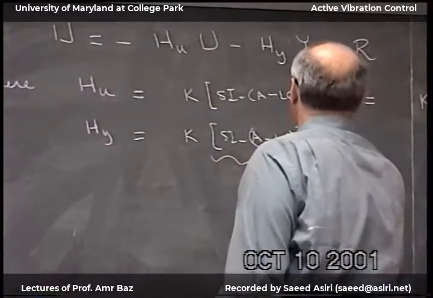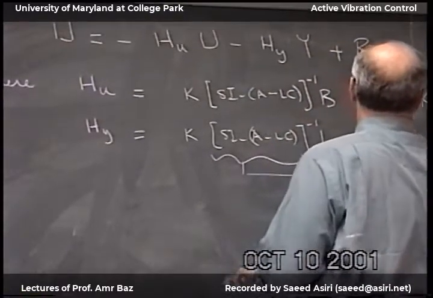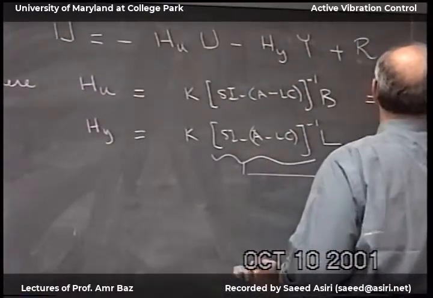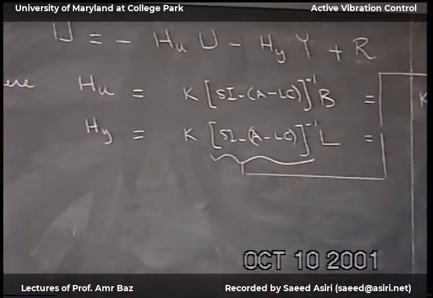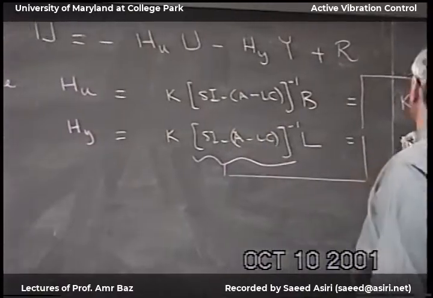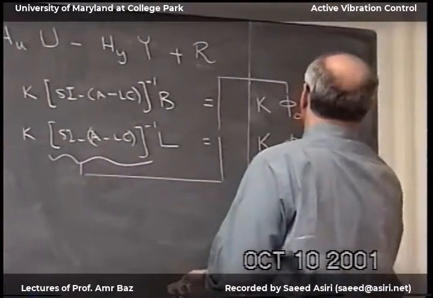I'm going to call this whole thing V0, so this would be K V0 B, and K V0 L.